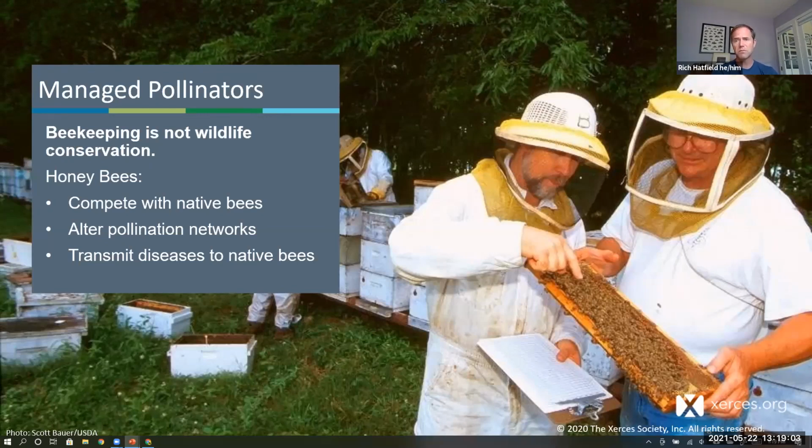Research has been done that shows that a honeybee colony over the course of a few months can extract the pollen equivalent of millions of native bees. So this can have a major effect on ecosystems. And we also know that honeybees are transmitting diseases to our native bees. A lot still has to be learned about the effects of those diseases that are being transferred, but there are effects.